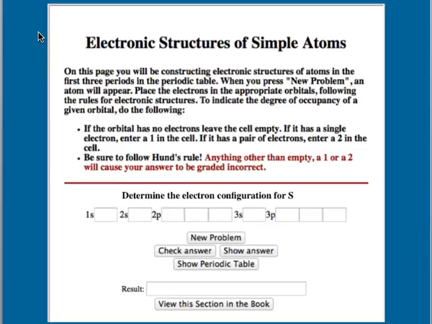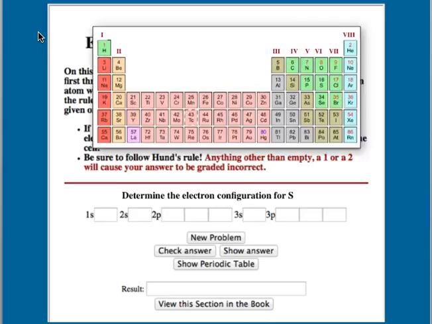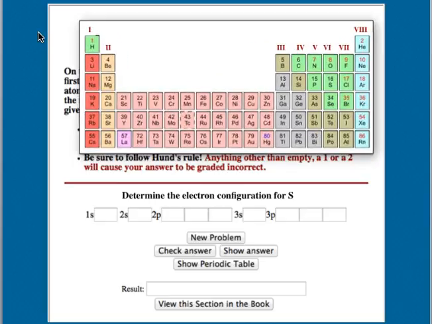So the question is, for sulfur, what's the electron configuration? Step 1, you look at the periodic table and you find sulfur. It's in the third period, right? So that means the first one is full. How many can it hold? 2.